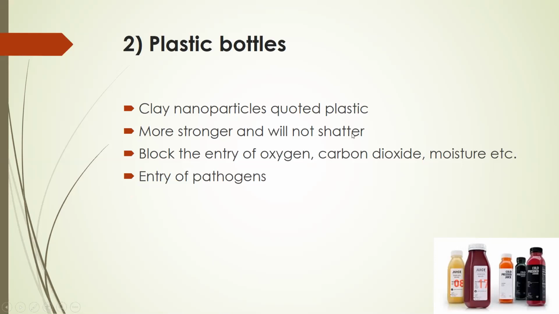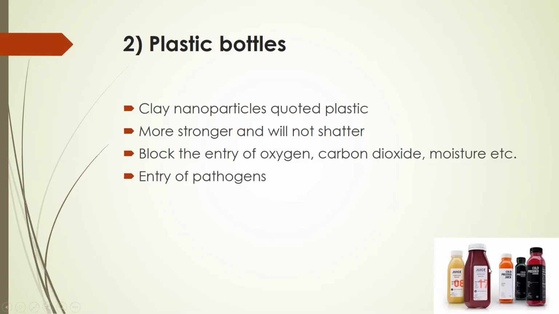But nowadays, most of the food items are being stored inside plastic bottles. So this means that the glass bottles that were traditionally used for packaging purposes are now being replaced by plastic bottles.